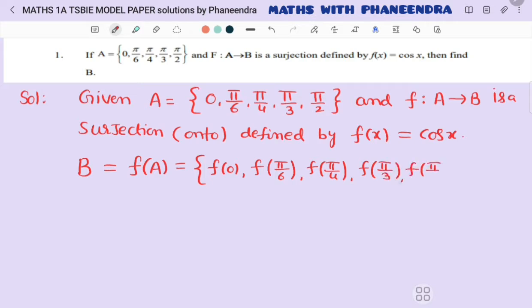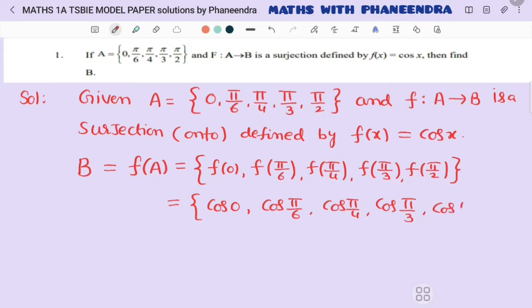So one by one we will calculate. What is f of x here? F of x is cos x. So f of 0 means cos 0. F of pi by 6, cos pi by 6. F of pi by 4, cos pi by 4. F of pi by 3, cos pi by 3. F of pi by 2, cos pi by 2.